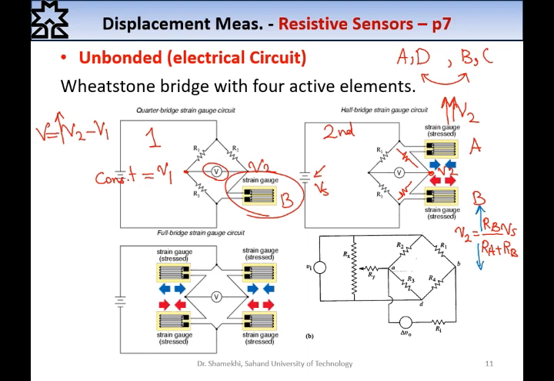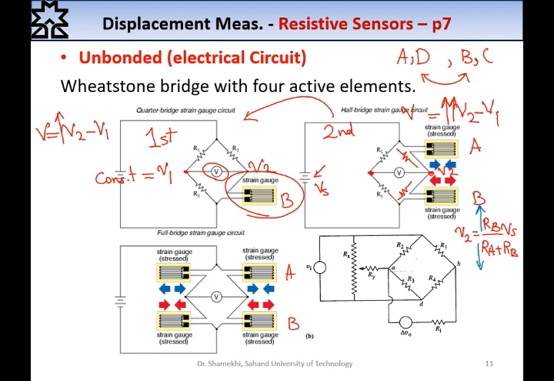Therefore, V2 will be doubled, but V1 is fixed and constant. Therefore, the output V will be larger than the first structure.